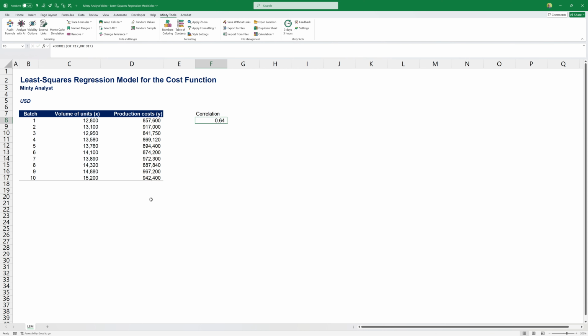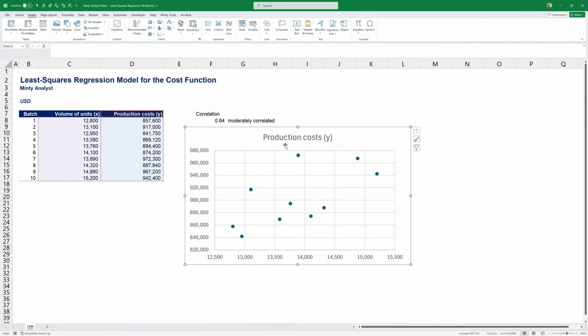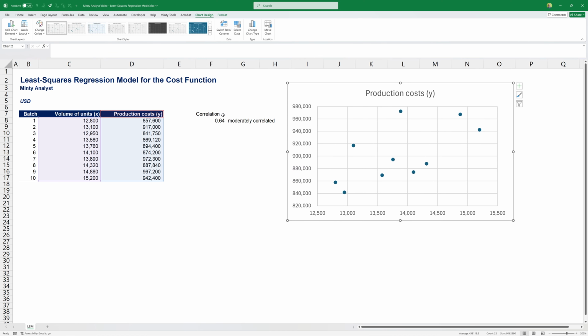And you see that correlation is 0.64, and usually between 0.5 and 0.7, we'll say that these are moderately correlated, which is good enough to be able to draw some conclusion from those two. So if we grab those and plot them on a scatter chart, we get this chart here.